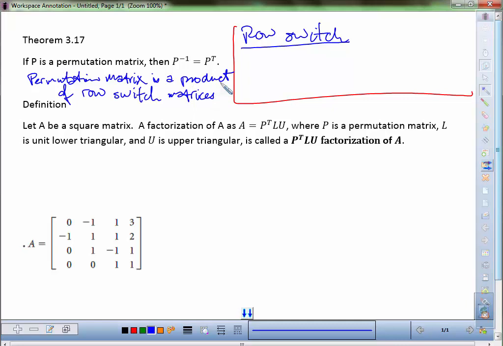But in some cases, we might have to do multiple row switches. And so that multiple row switch will involve taking the product of your matrices. And so that's going to be denoted as a permutation matrix. And a theorem that we're not going to prove says that the inverse of that matrix is actually the transpose of a permutation matrix.